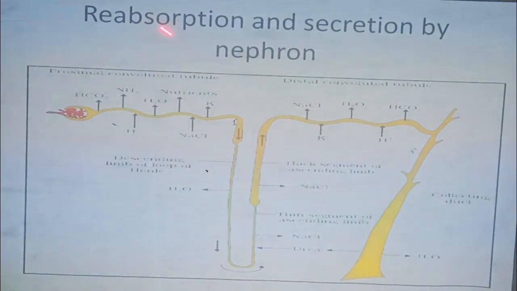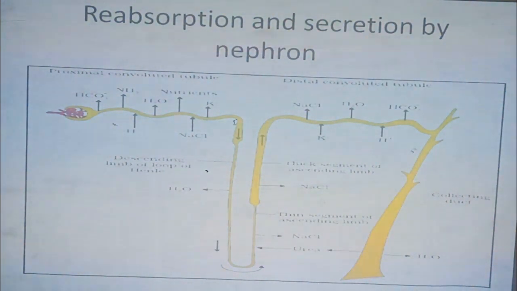When the filtrate moves here, this is the descending limb of the loop of Henle and this one is the ascending limb. Water also comes out from the descending limb, and the movement of water depends upon the concentration of NaCl.